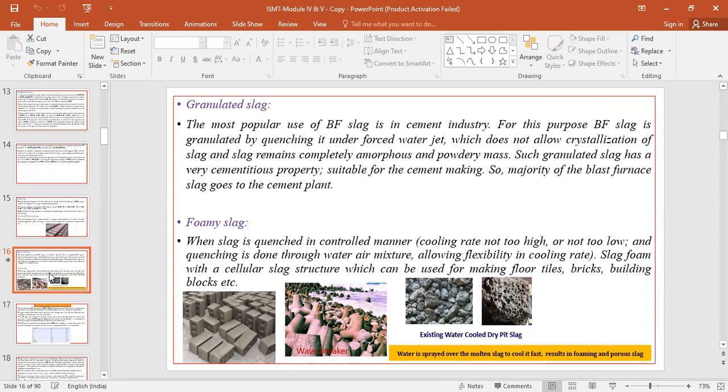That has very high calorific value. It is reused after subjecting it to gas cleaning stages, and that clean gas is further used for preheating of stoves and all. So in the next class, we will discuss utilization of the BF off gas.